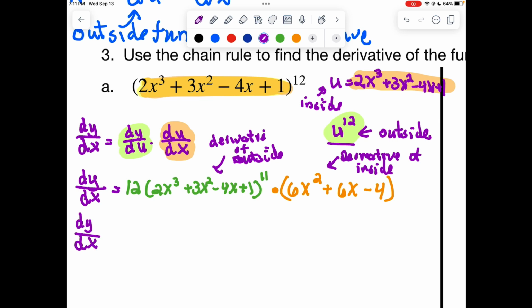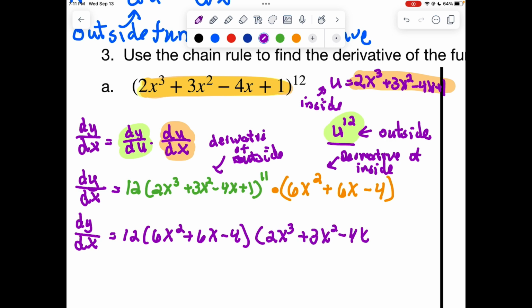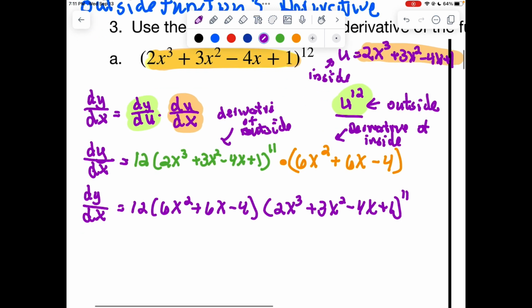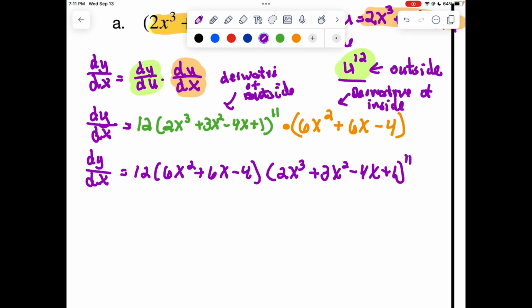So doing some algebra and cleaning it up, I'm going to take that 12, and we need to multiply it by that 6x squared plus 6x minus 4. And then I'm going to just leave that 2x cubed plus 3x squared minus 4x plus 1 to the 11th power by itself, because that's to the 11th power. So remember, we can't distribute into an exponent, into a power. But the first two here, I can combine. I'm going to distribute that 12 to each term inside the first set of parentheses.